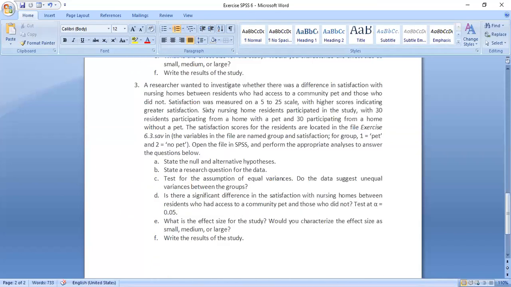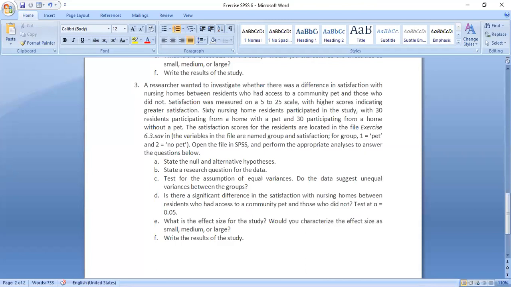Now coming to question number 3: a researcher wanted to investigate whether there was a difference in satisfaction with nursing homes between residents who had access to a community pet and those who did not. Satisfaction was measured on a 5 to 25 scale, with high scores indicating greater satisfaction. Nursing home residents participated in the study, with 30 residents participating from a home with a pet and 30 participating from a home without a pet.